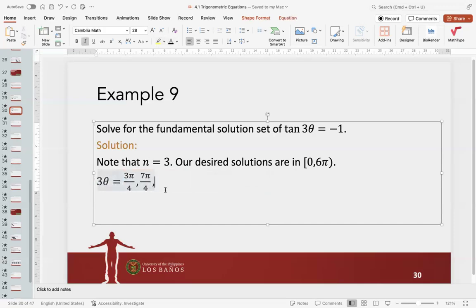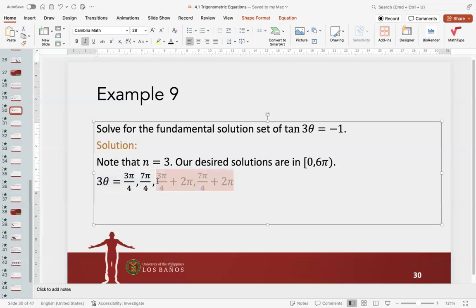So now we get the angles in the second cycle. So how will we do that? Just like what we did a while ago, we will just add 2 pi so that we can get the second cycle. Okay? So let's just change this to color red.